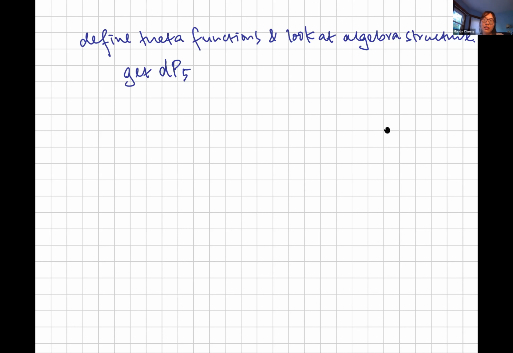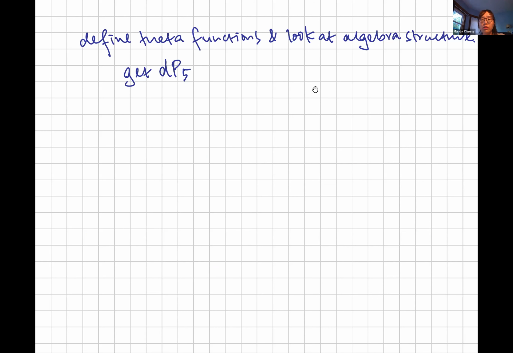So dP6: if we want to identify this as dP6, we still want something like theta functions, but we can define them in an almost analogous way, the same as in the GHKS world. Then we check the algebra structure, and as long as we do that, we get the same product relation as I keep repeating, and also the one in Julia's talk.